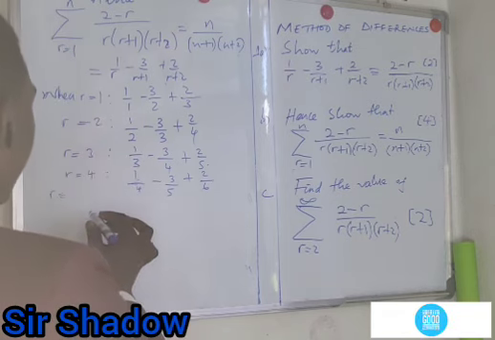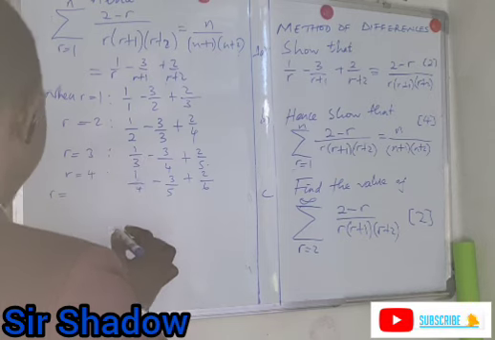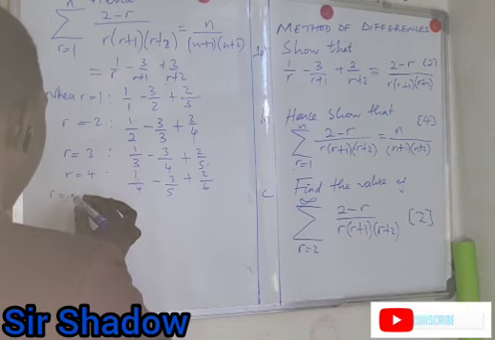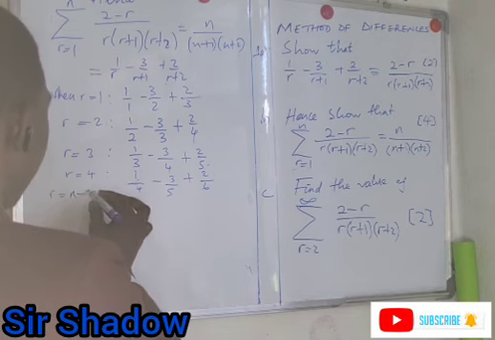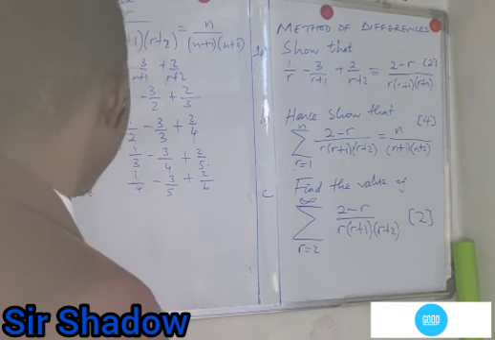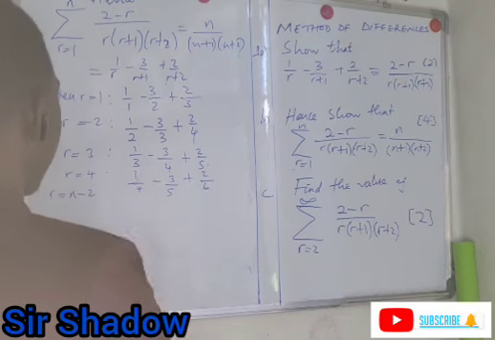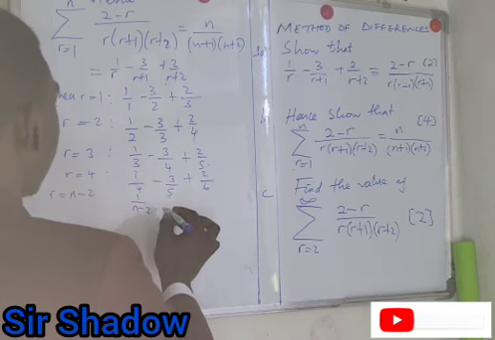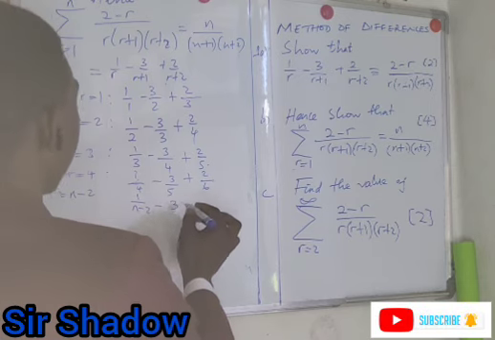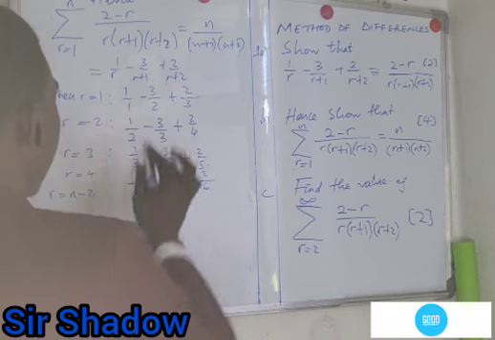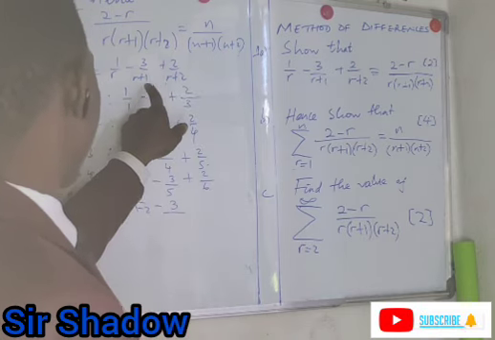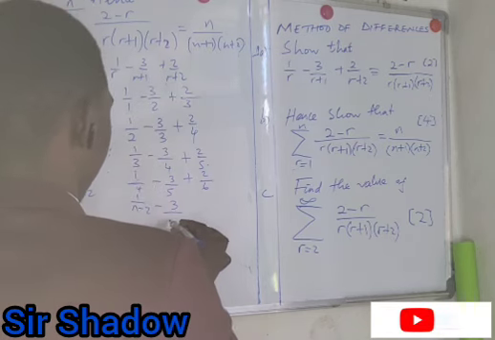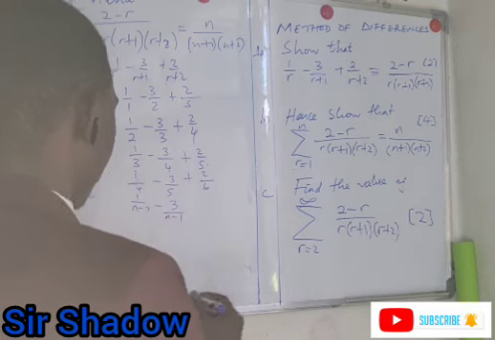So we are saying when r is equals to n minus 2, we have 1 over n minus 2 minus 3 over, for n minus 2 it becomes n minus 2 plus 1, which is n minus 1.